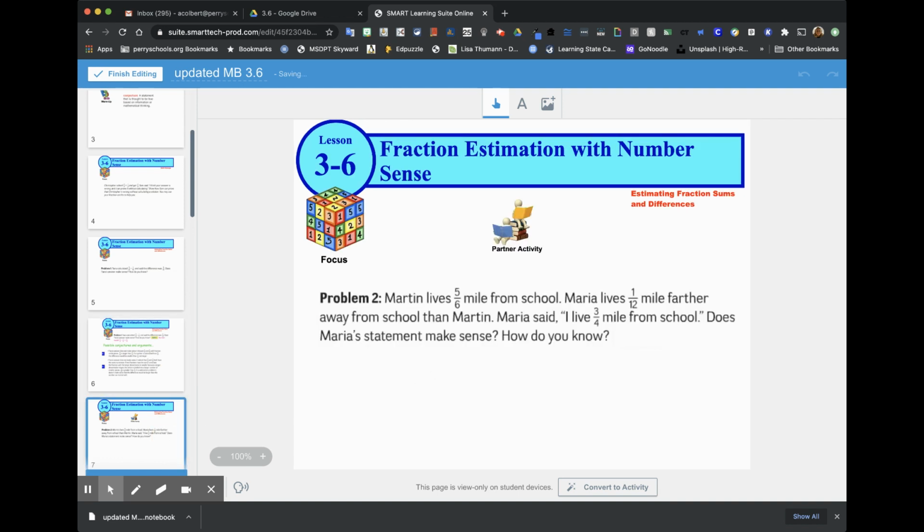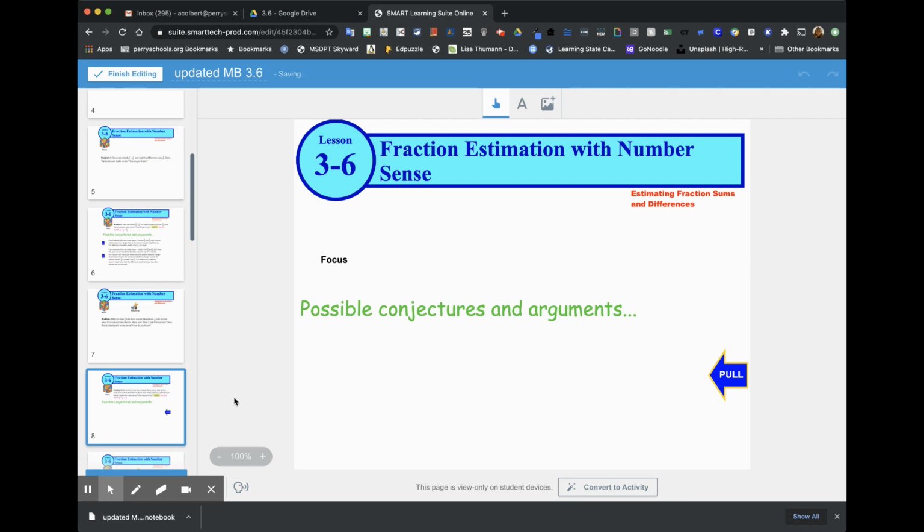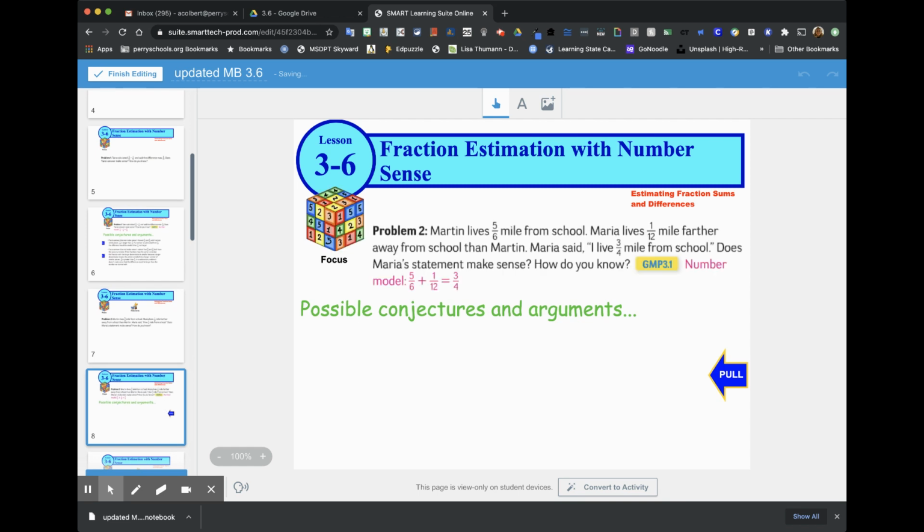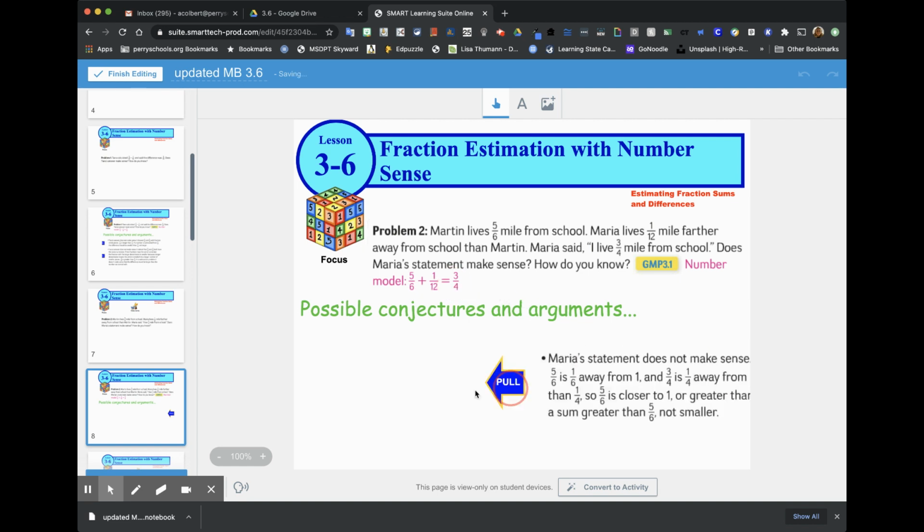This one's going to be an addition problem because we see that Martin lives 5/6, Maria lives 1/12 further. We're trying to figure out how far away from school she lives. Does 3/4 make sense? Okay, so thinking about a problem like that, we would say 5/6 plus 1/12 equals 3/4. That's the conjecture that Maria is making.